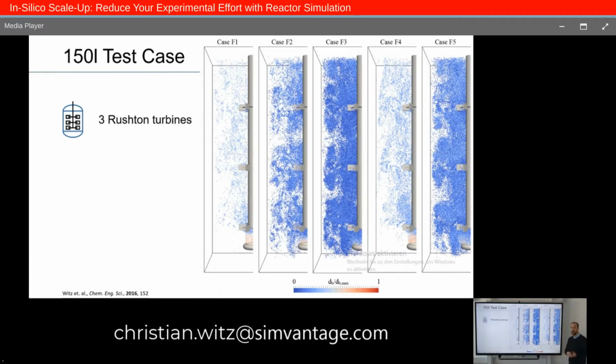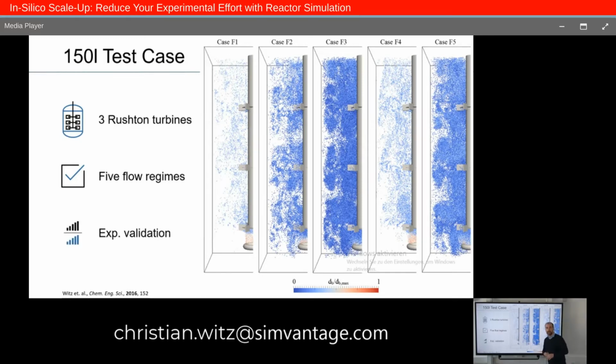We have a 150-liter plexiglass reactor in our lab, where we test the distribution of the bubbles and the size of the bubbles with conductivity probes. This reactor has 3 Rushton turbines, and we tested 5 different flow regimes, some without recirculation, some with recirculation, and different recirculation flow regimes, which are then differentiated by the gassing rate.